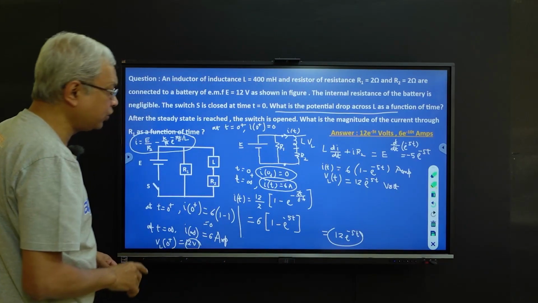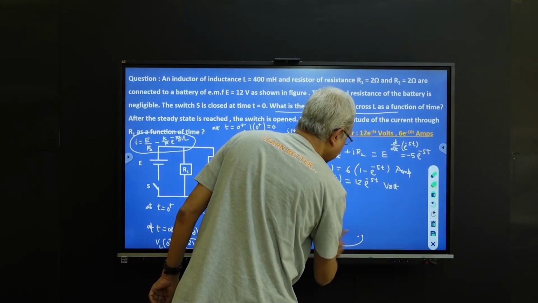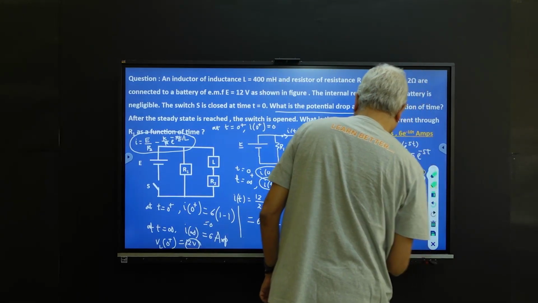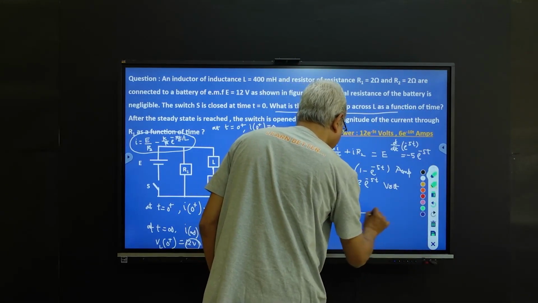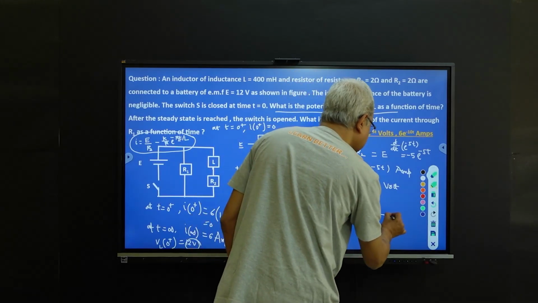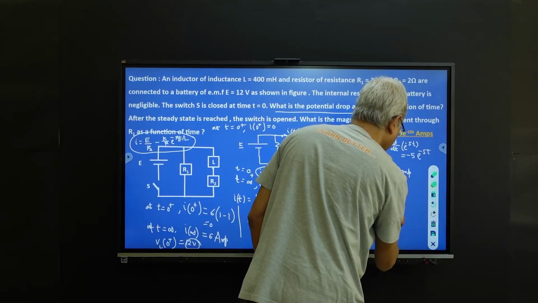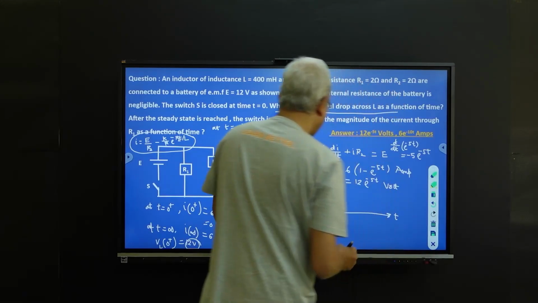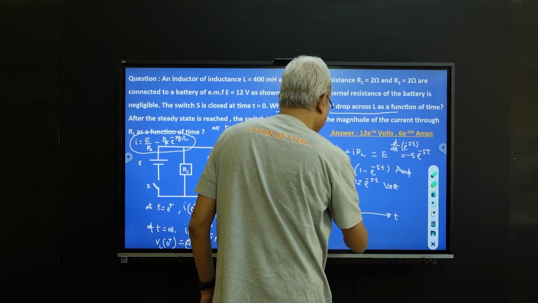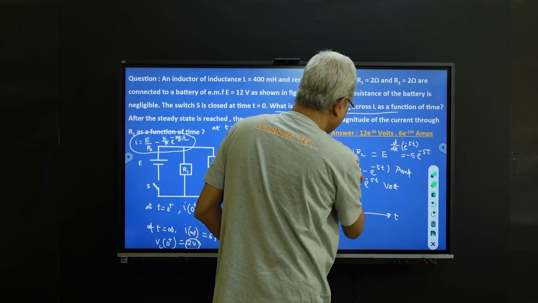And if I draw the curves of I(t) and VL(t), what happens? You see, I(t) versus t: at t equal to 0, it is 0, and then as t approaches infinity, this term becomes 0, so it is 6 ampere.